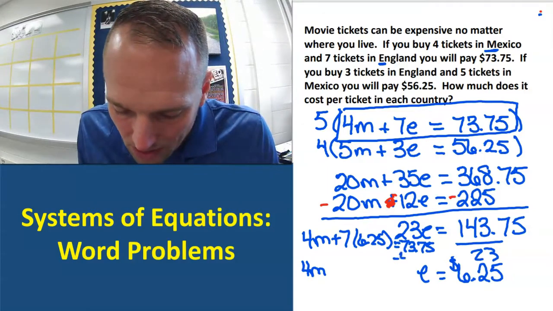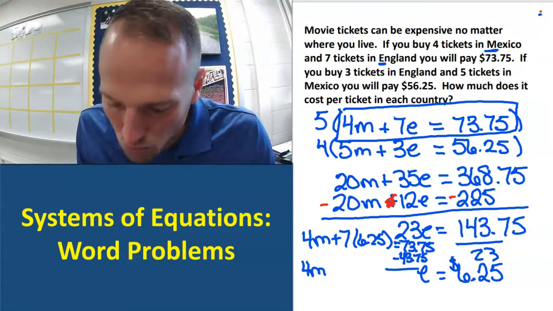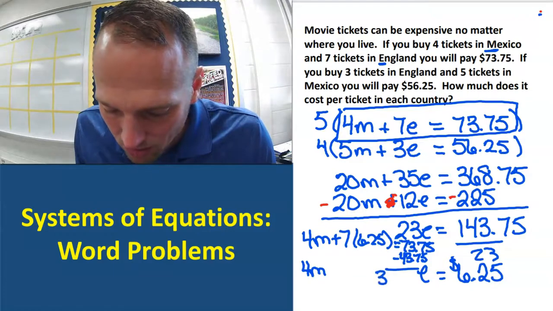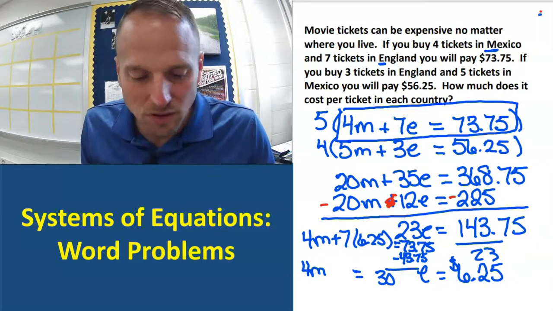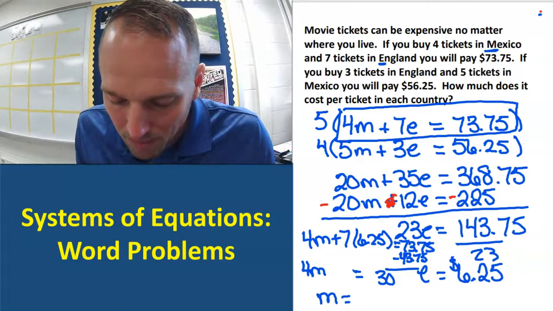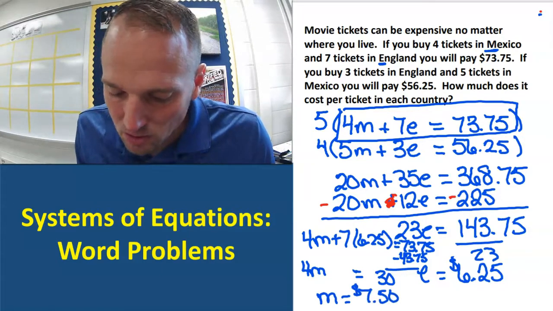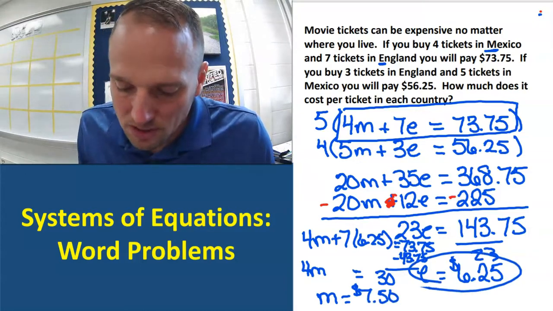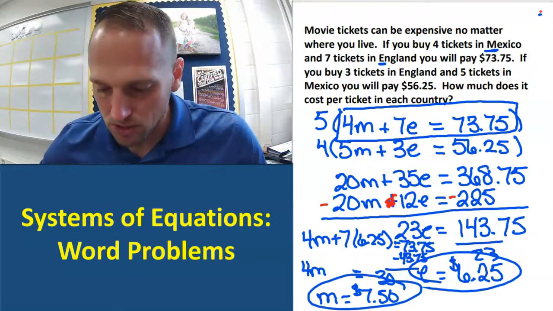So I'm going to subtract that over. I'm sorry, I hope you can follow this. This is really getting crowded here. Equals $30. 73.75 minus 43.75 is 30. So then when I divide that by 4, I'm going to get m equals $7.50. So it looks like in England, there's $6.25, and in Mexico, there's $7.50.